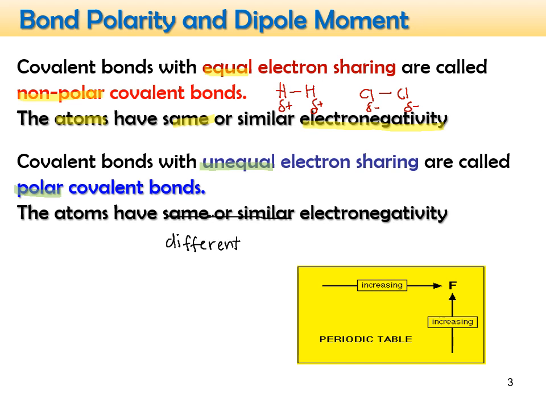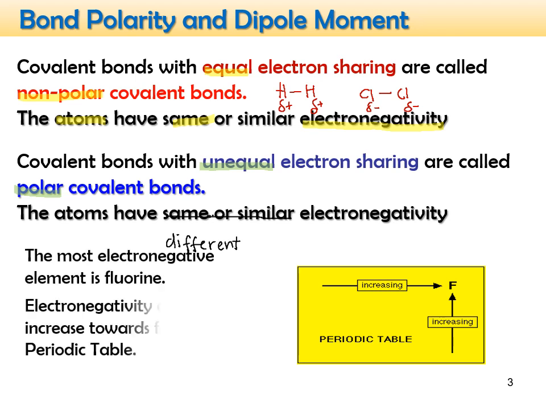So, electronegativity, we will relate back to chapter 3, periodic table. You already know the most electronegative element is fluorine. The electronegativity always increases towards fluorine in the periodic table, as shown in this figure.